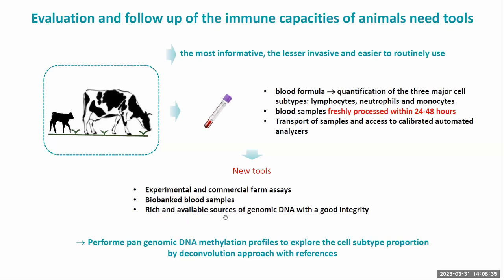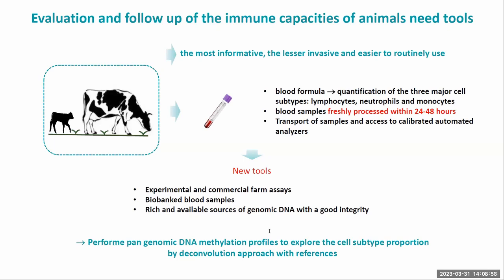And we propose to perform the pangenomic DNA methylation profile to explore the cell subtype proportion by a deconvolution approach with references. Jessica introduced this method this morning. It's a very clear introduction.